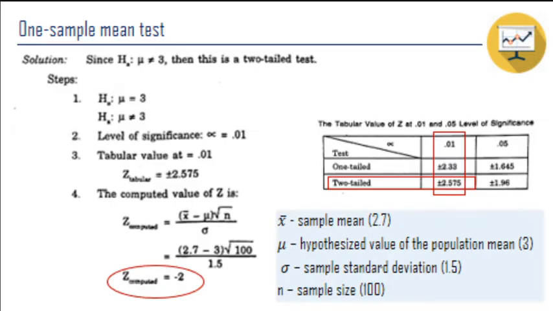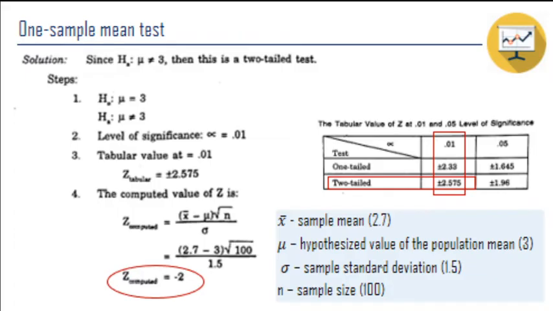So, we discussed earlier that when the alternative hypothesis has a not-equal sign, we use the two-tailed test. So, looking into the intersection of the two-tailed and 0.01, the tabular value is positive negative 2.575.